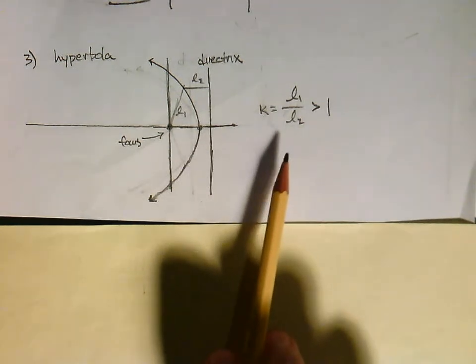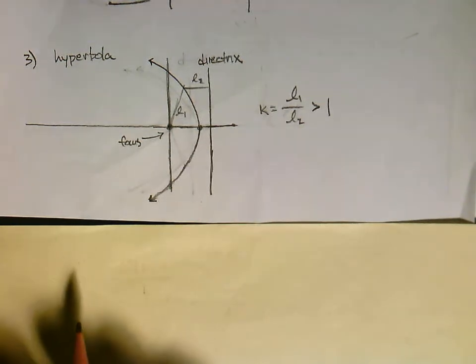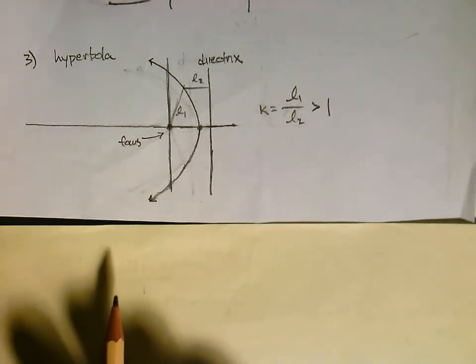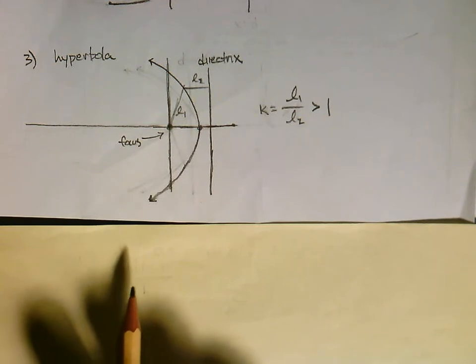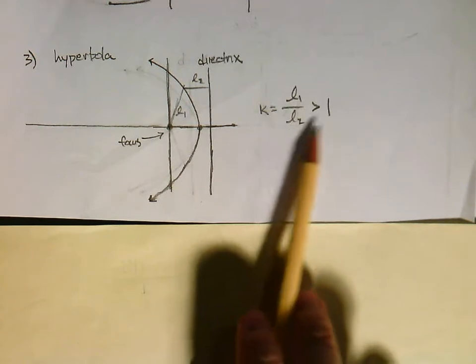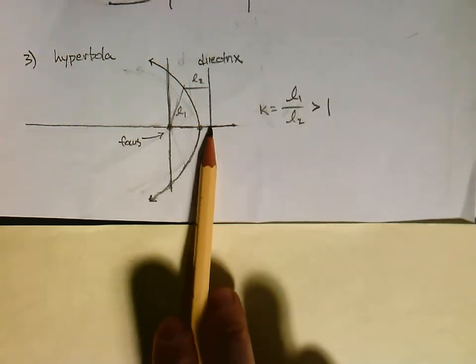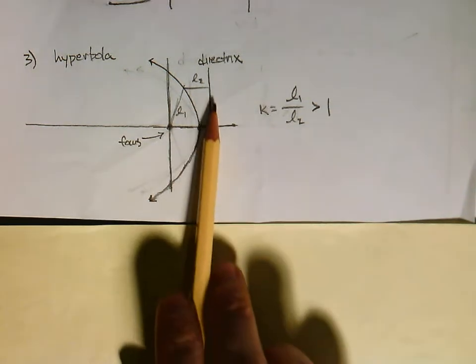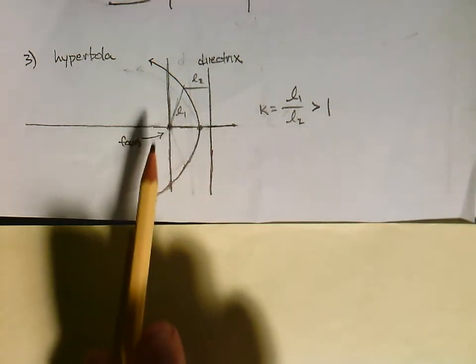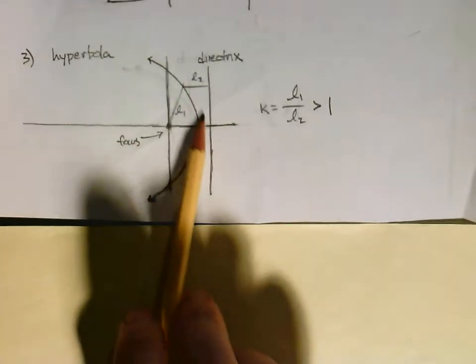So really, what's going on? The parabola has a ratio of 1. The ellipse has a ratio less than 1. The hyperbola has a ratio greater than 1, and it all just depends on how I move my directrix around. If I push it in closer, it's like the directrix has a stronger gravitational pull, and that gets wider.